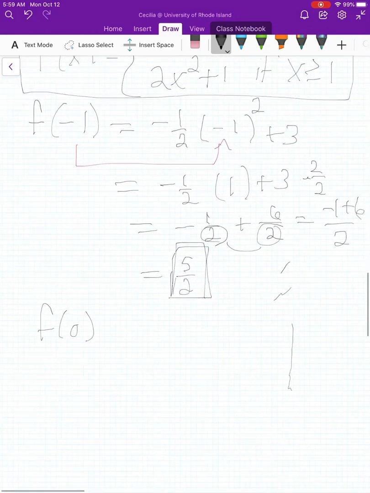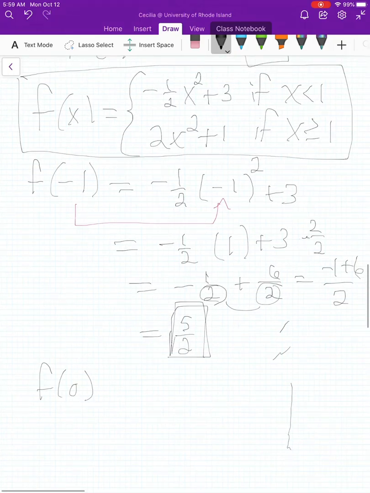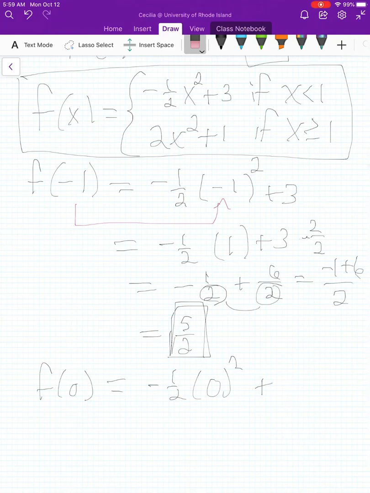So all we're going to do is copy that function over. Hold on, let me come down so I can see a little bit more. It's negative a half times 0 squared plus 3. And this is all going to be 0, because 0 times anything is 0. So the answer is just 3.